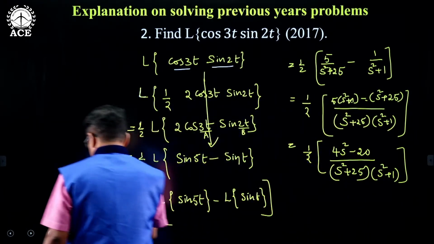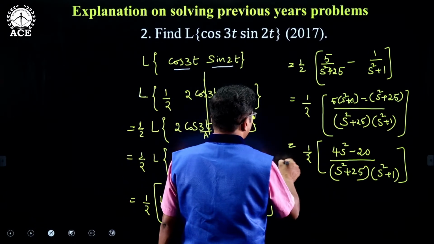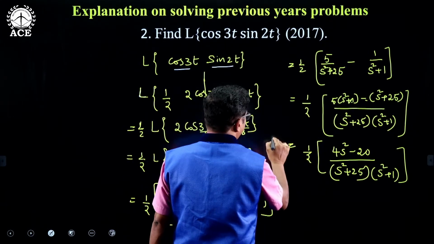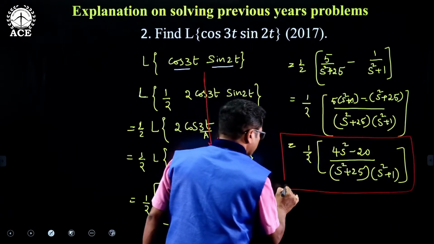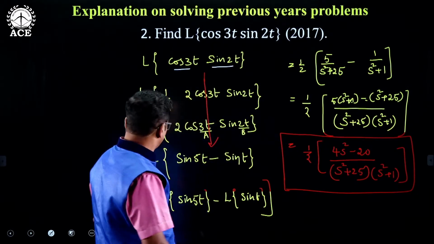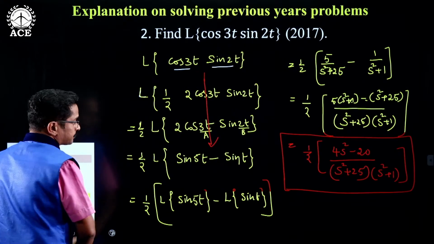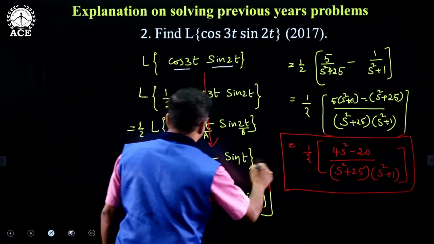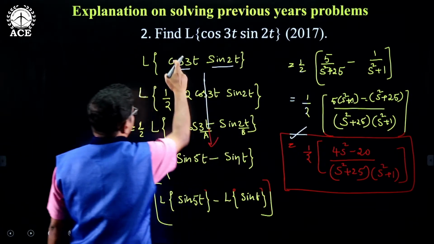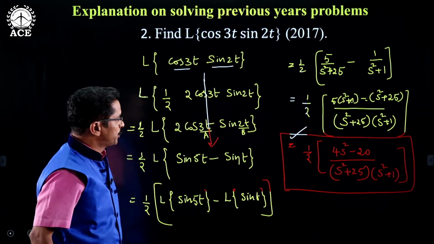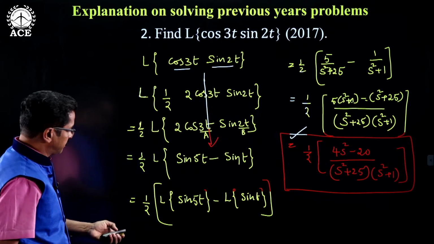So this is L of sin 5t minus sin t, the answer. So Laplace transform of this is 1 by 2 into 4s square minus 20 by s square plus 25 into s square plus 1. Right.